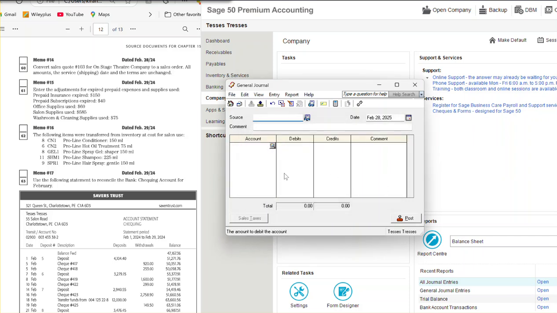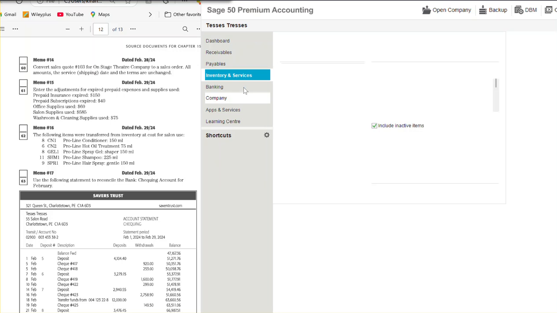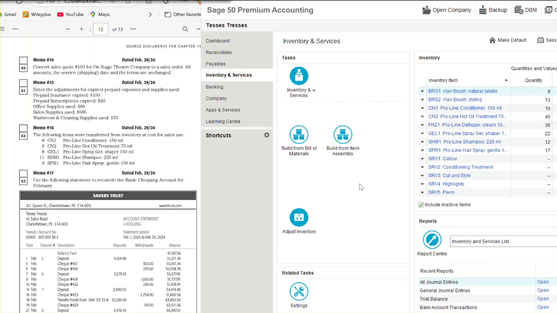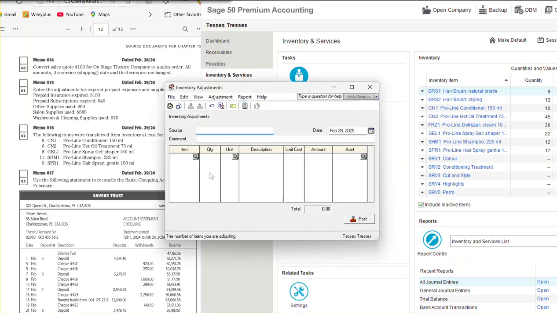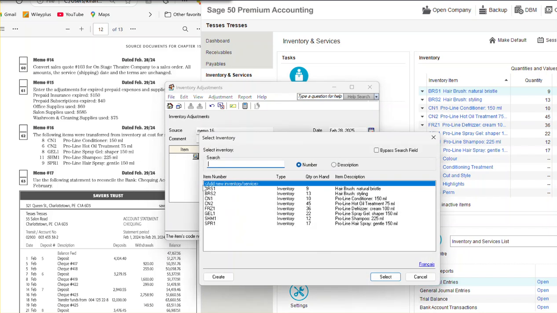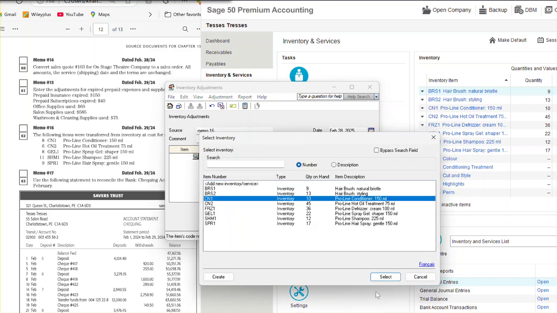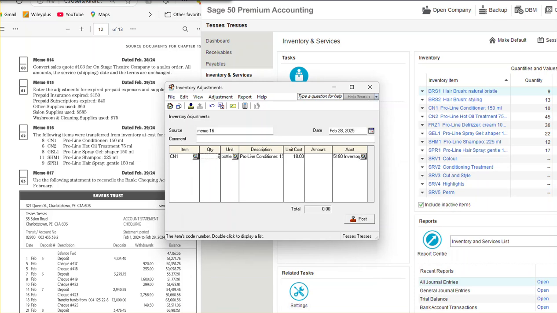Now this is the inventory adjustment, done in the inventory module. We're going to make an adjustment. The following is transferred at cost. So what we needed to do is an adjustment entry, and the source will be your memo number 16, and it is for the 29th. I will do it on the 28th. So the item will be CN1, and we have to do 8.